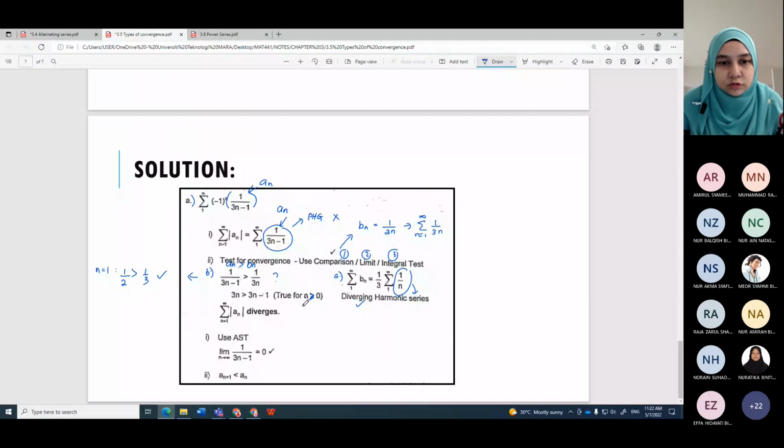Okay, so conclusion untuk first test ni, test for convergence, it is diverge. Kita buat conclusion ni untuk setiap, untuk yang pertama lah. So, if diverge, we proceed to second test.